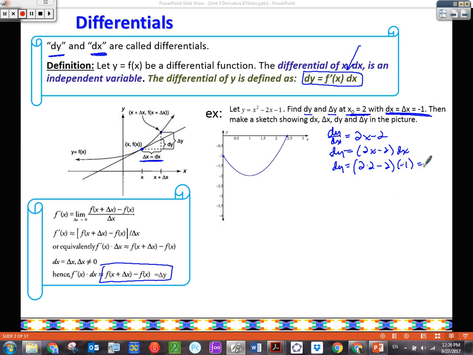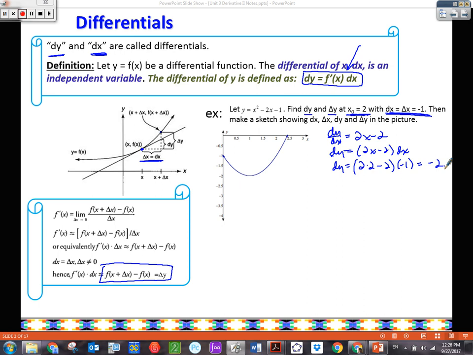So my dy, when I do all of my arithmetic, my dy is negative 2. Okay, so in a minute when I graph dy, I should be going down 2 spaces. That's how big the dy should be, because I just figured it out.